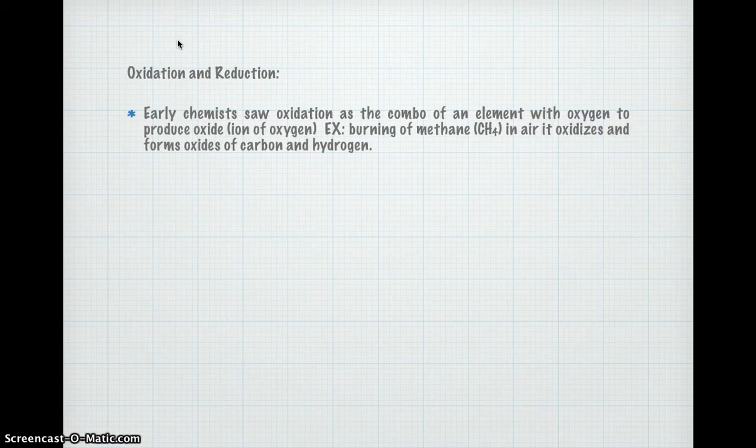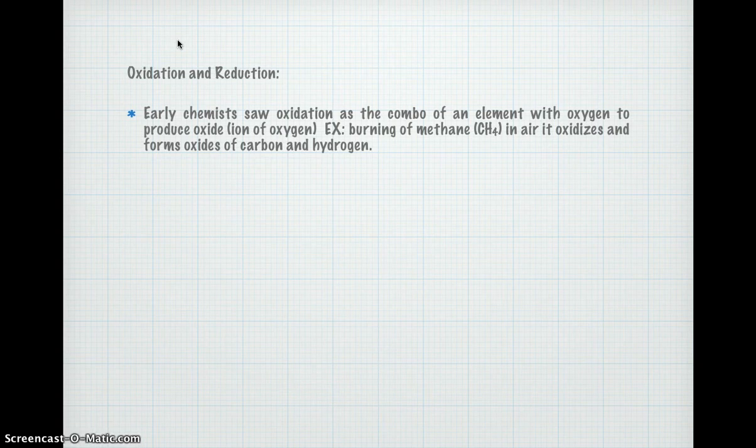Alright, oxidation and reduction. There are two kinds of definitions for oxidation and reduction. One involves what we're going to talk about here quickly, and the other one adds a little bit to the definition. So let's talk about what early chemists saw.